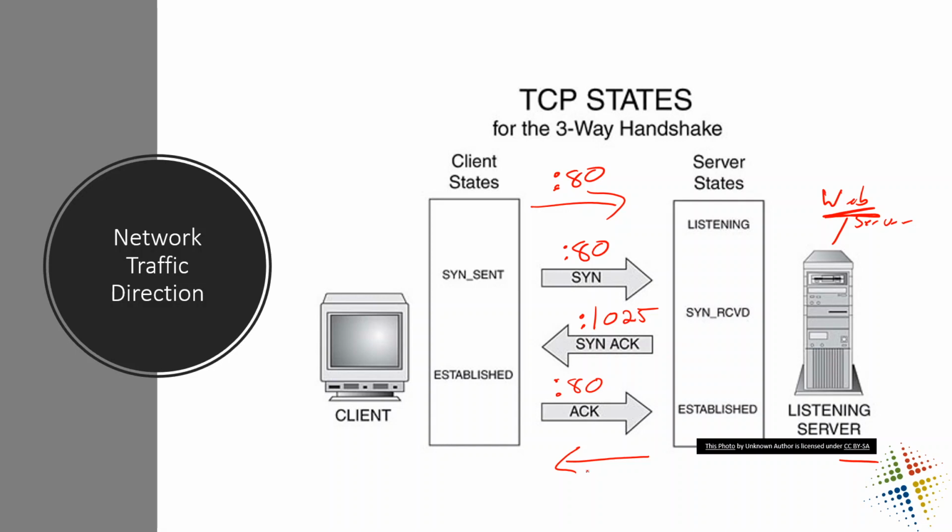However, if I try to control it going back on port 80, well, I don't have any traffic going back on port 80. All the traffic I have is actually right here. If this is all my traffic and I try to control what's going back to the client on port 80, I'm never actually going to hit those rules. So this rule will never take effect, and therefore the client will never get any communication to the web server.